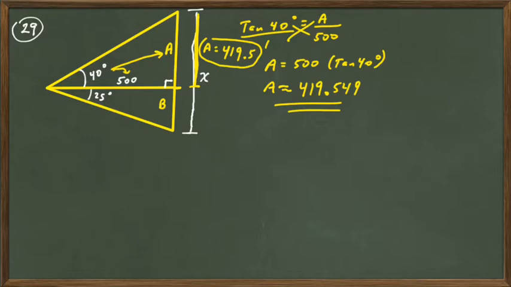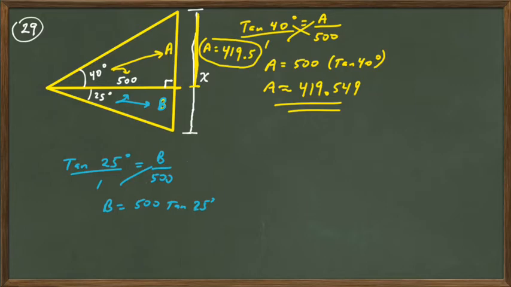Now, on B, I'm trying to find the opposite and adjacent, so it's another tangent, I think. Tangent of 25 degrees is going to equal the opposite, B, over the adjacent 500. So when we cross multiply, we get B to equal 500 times the tangent of 25 degrees.